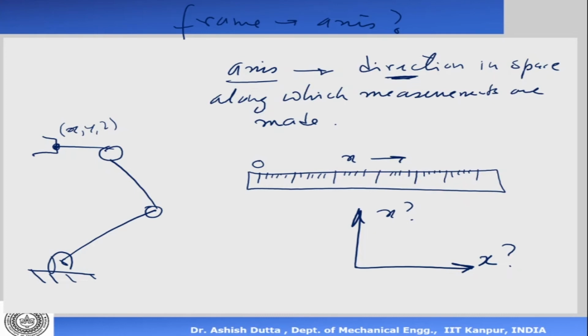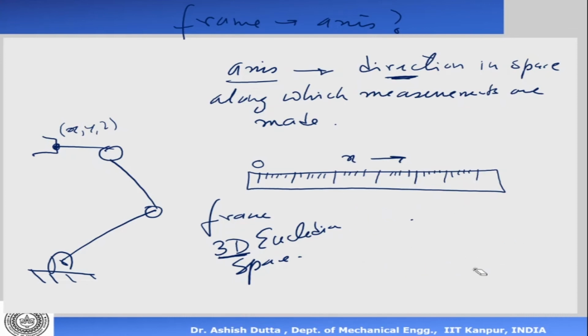Now when we say a frame, we basically mean we are talking about 3D Euclidean space. In 3D Euclidean space, there are 3 dimensions, so there are 3 directions possible. So in 3D Euclidean space, we define 3 directions, x, y, and z.